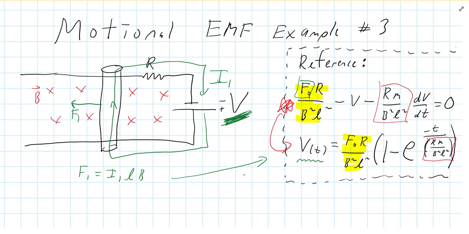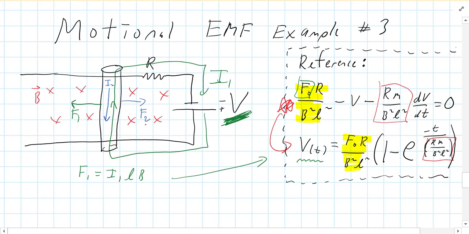But as the bar moves left, you get the motional EMF. And you get, from the previous examples, a current that flows down and around the circuit. I'm going to call that I2, okay? And that current feels a resistive force to the right. I'll call that F2, okay?